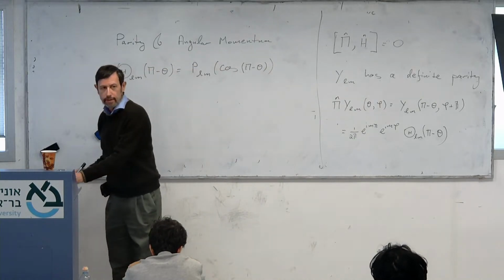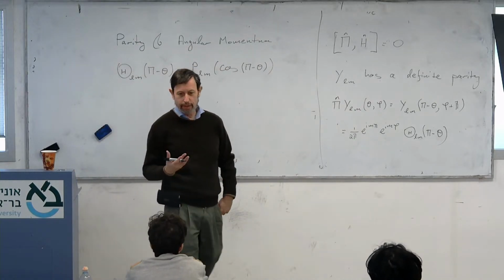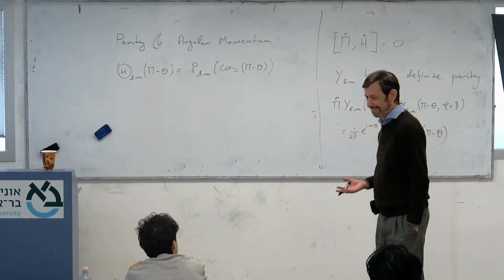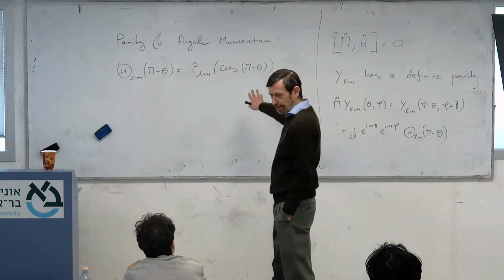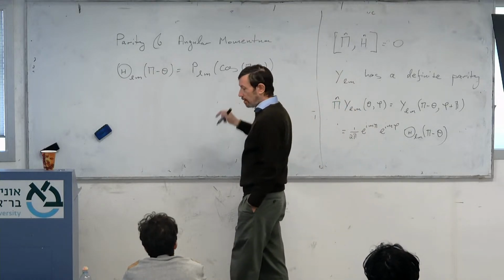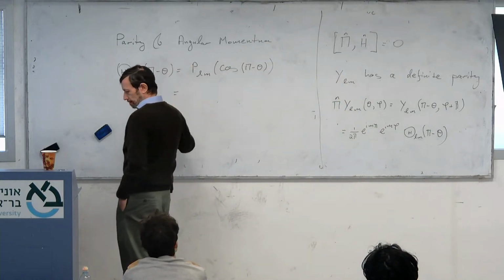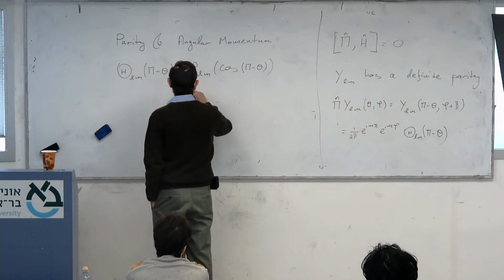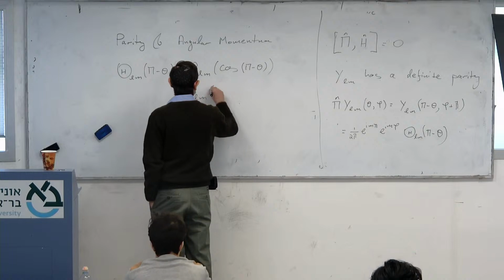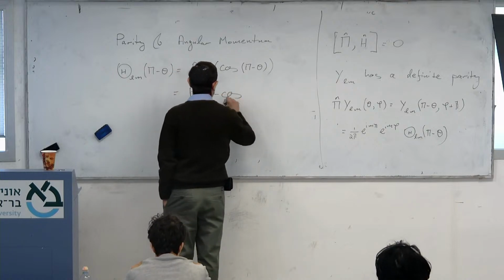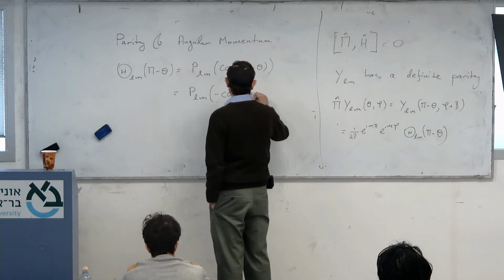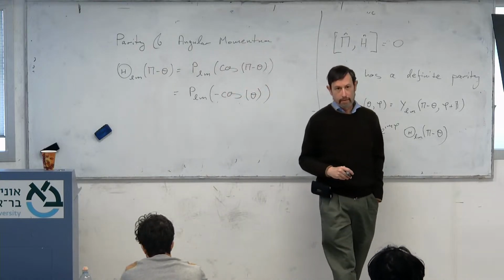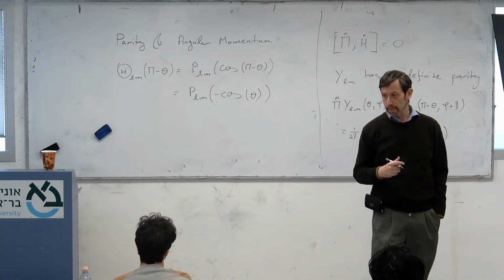Remember, it was the Legendre polynomial of x, and x is cosine. So that's what I've written here. Elementary trigonometry.